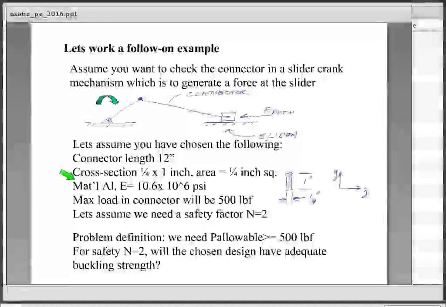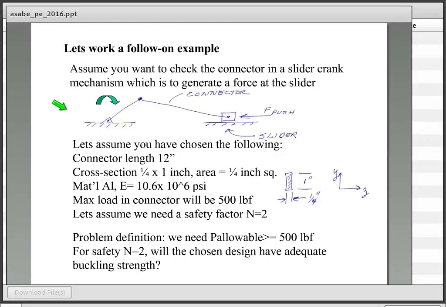Here, all I've done is apply those column buckling equations to a little different type of problem, not a cylinder, but in this case a slider crank mechanism. We've got a crank rotating, and we'd have a connector between it and a reciprocating body or mass, sickle bar, what have you.